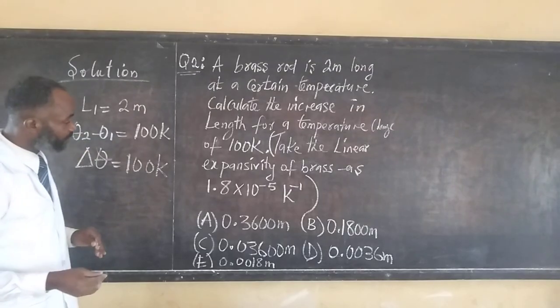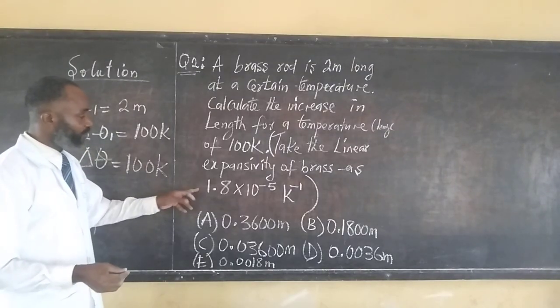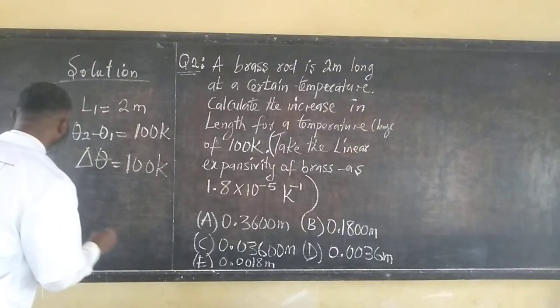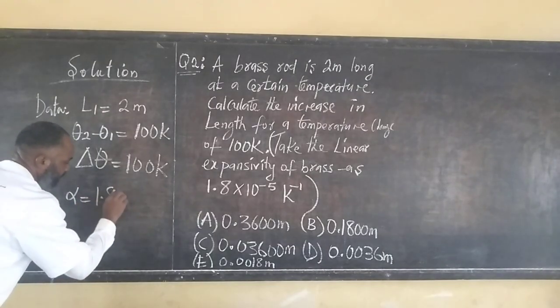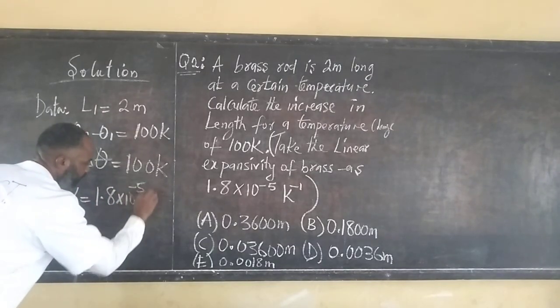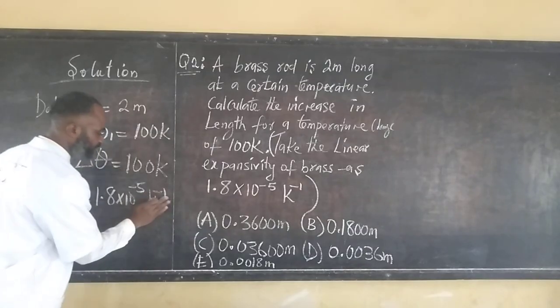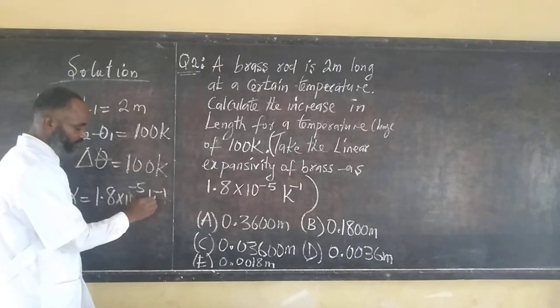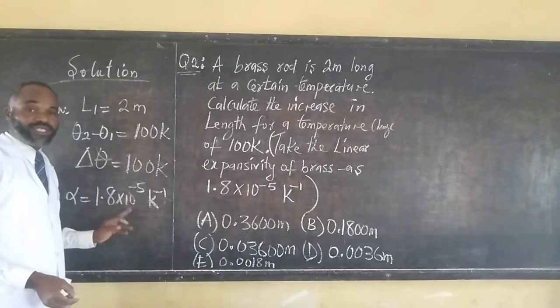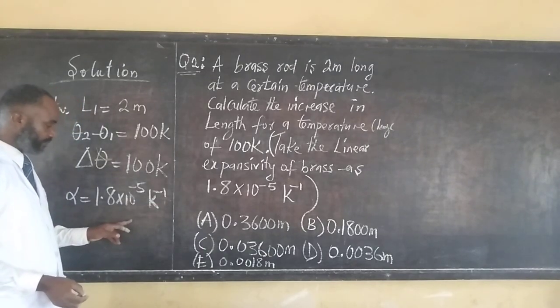What next are we looking for? We need to identify this. The linear expansivity of brass is given as 1.8 times 10 raised to the power minus 5 per Kelvin. We need to take this into consideration.